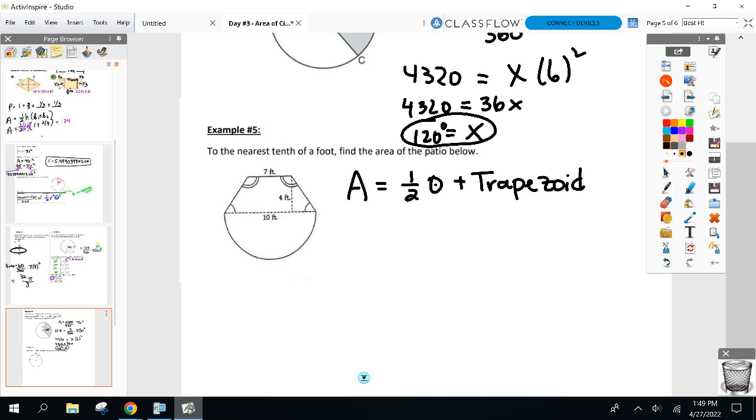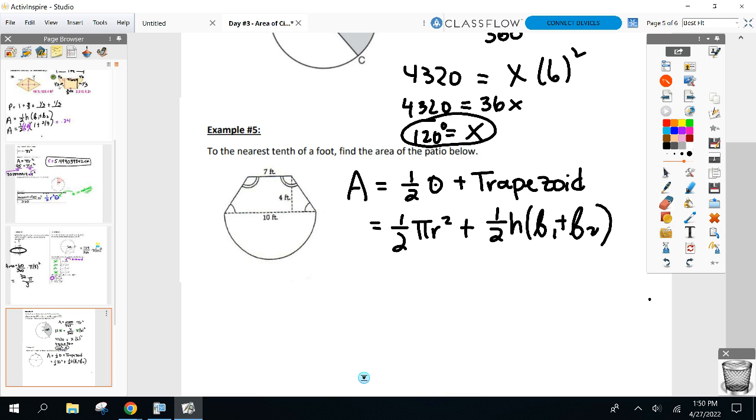Half of what? Dig deep. Trapezoid. I'll go with the formulas.